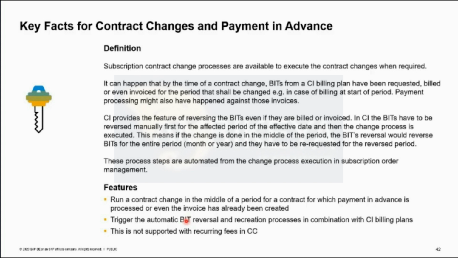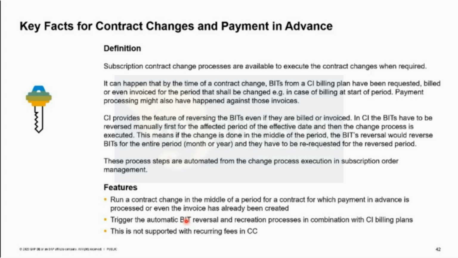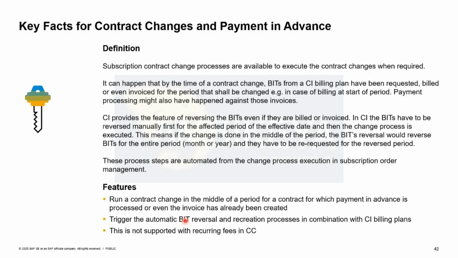But there are customers who give an option to make advanced payments. That is, if you pay for the complete year upfront, then you may get certain discount. So in such a scenario, when the payment is made in advance, there is an invoice created and settled by the customer.